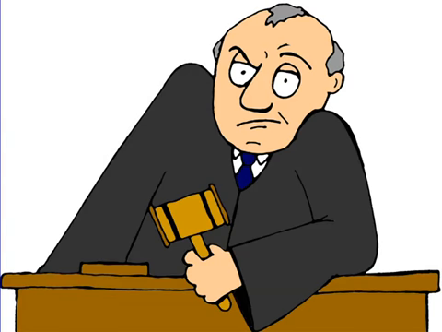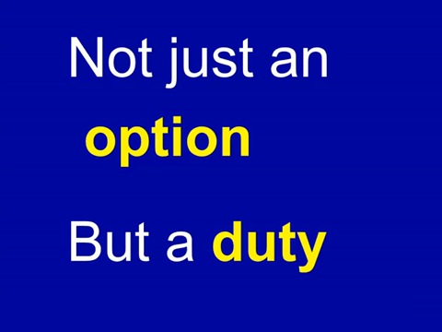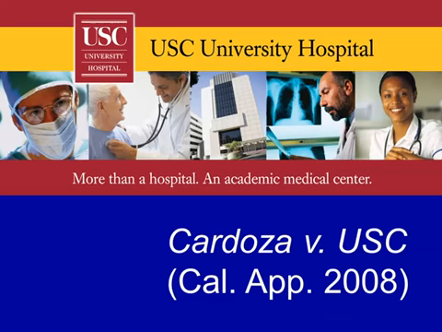Second, you don't need a court or a judge to replace the guardian for you. Almost always you can do this at the level of the clinician or just at the level of the hospital ethics committee. And third, replacing the surrogate isn't just an option to resolve an intractable futility dispute, it's a duty.